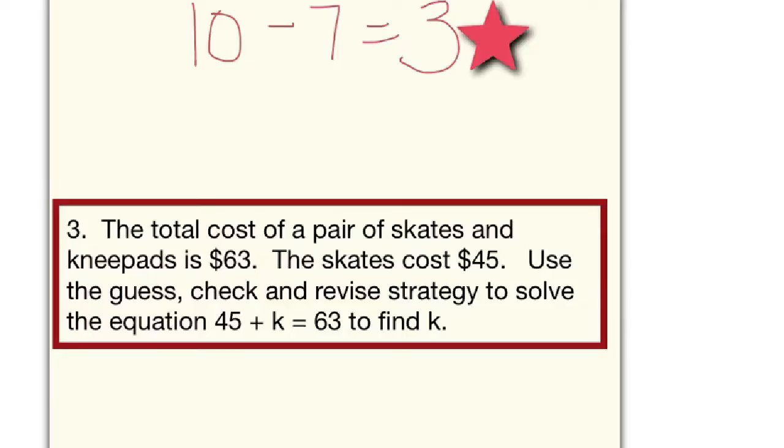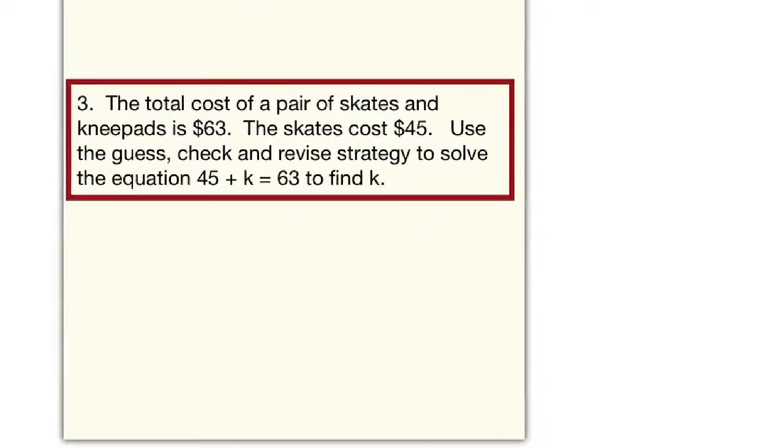Okay, let's look at a word problem now. The total cost of a pair of skates and knee pads is $63. The skates cost $45. Use the guess, check, and revise strategy to solve the equation 45 plus k equals 63 to find k. So we're going to have to be detectives here and try to figure this out.